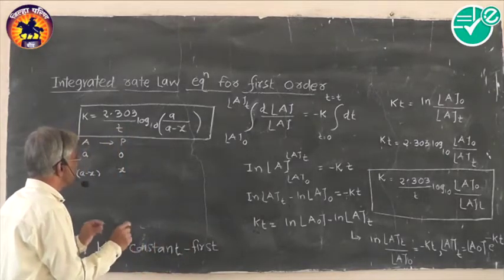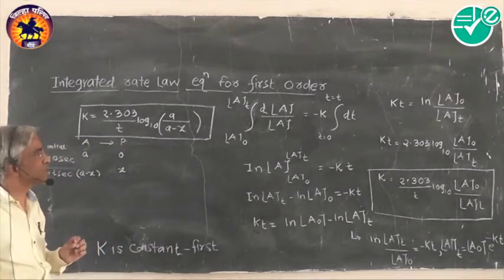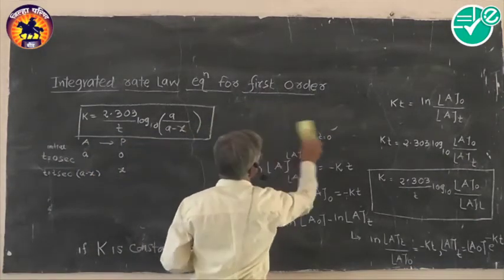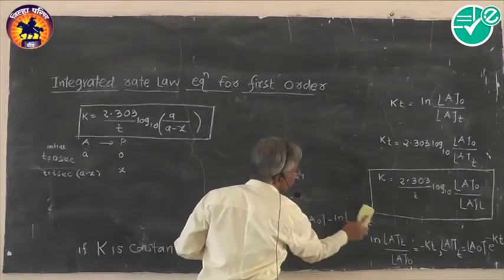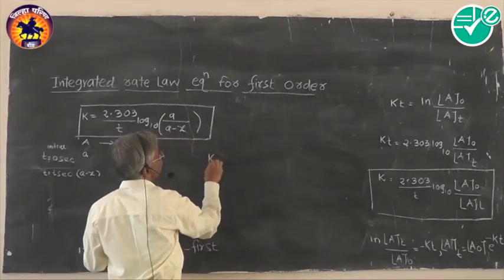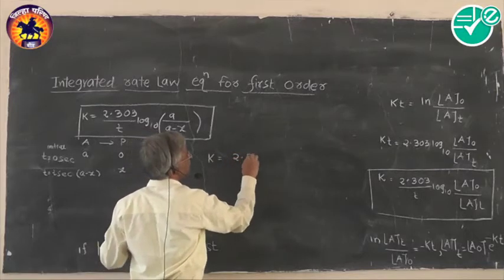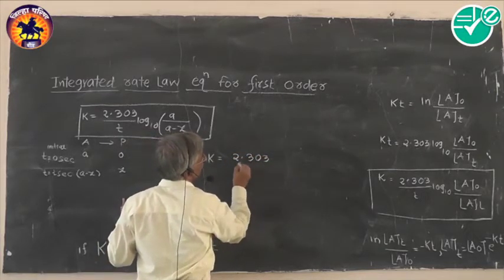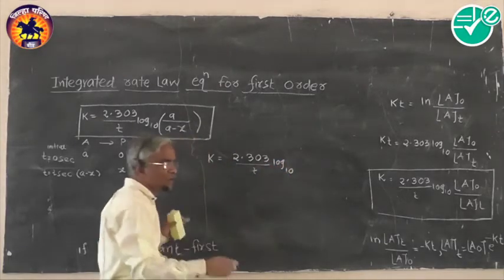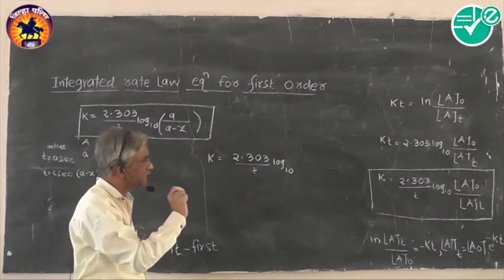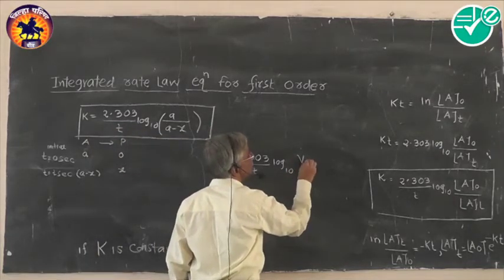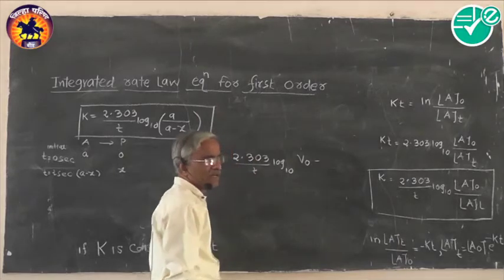In such cases, if the reactions are being studied in terms of the volume of the reactions, then the same first order law can be written in another form like this. K will be equal to 2.303 upon t, log to the base 10, and if you have a volume V0 at time t equal to 0, and at a certain time interval, certain infinite.